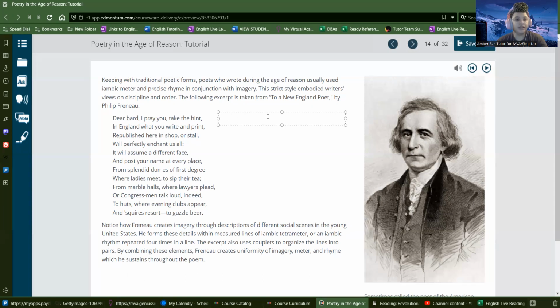So if we look just at the end sections here, we have hint, print, stall, all, face, place, degree, plead, indeed, appear, and beer. So if we're going to mark these to find the rhyme scheme, we're just going to take these one line at a time. So our first word here is hint, and then we have print.